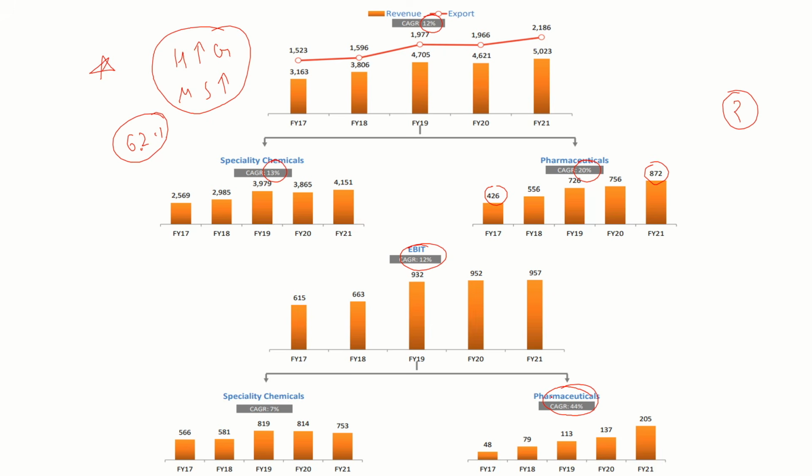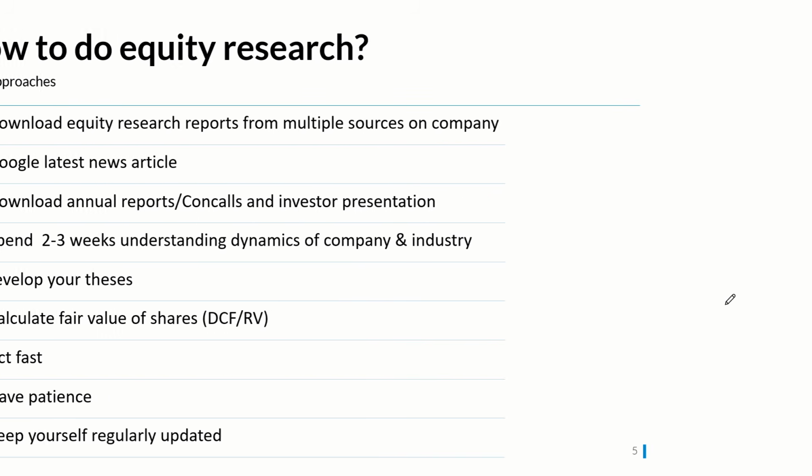So pharma is doing really good. That's why they've planned to separate it and create a new entity. So this is the entire analysis of Aarti Industries. I have not discussed in detail the financials, valuations, as well as the competitors, right? But this is just for you to understand how you analyze a company.